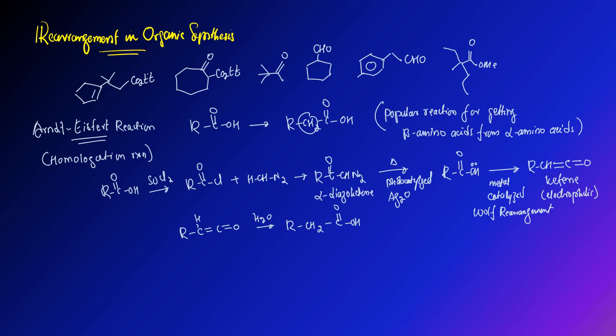With water we get the next homolog of the acid, and with methanol, CH3OH, we will get the ester. So this is all about the Arndt-Eistert reaction, which is very important before we understand a system, because this reaction involves the introduction of a methylene group. So let's apply this reaction to the first example we have.